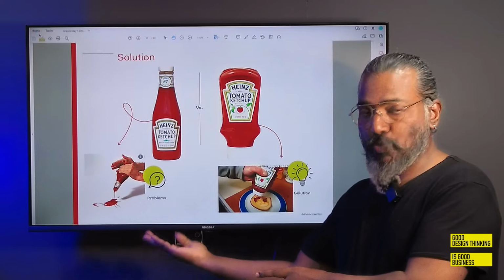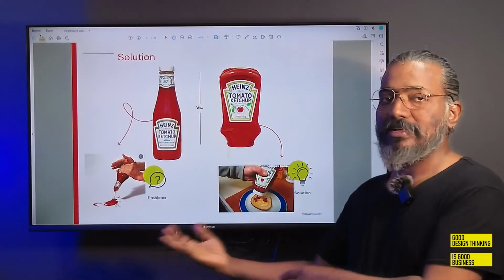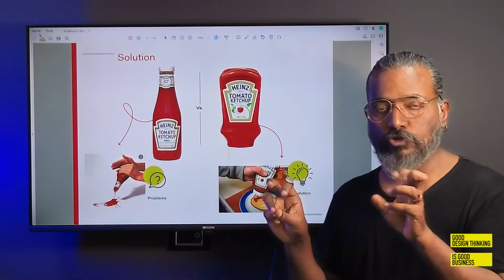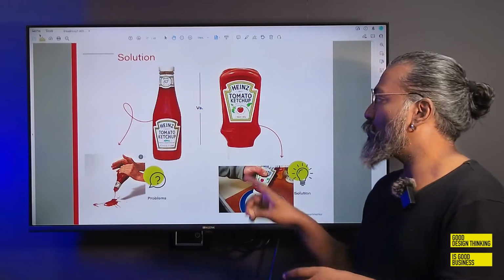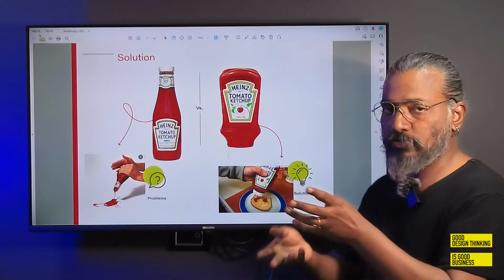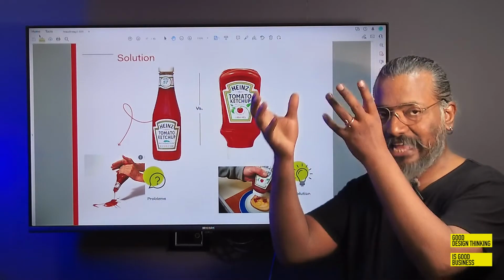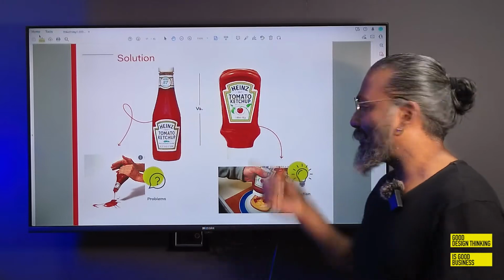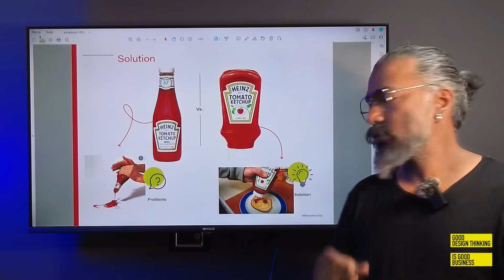There was a huge problem with the product design, and they understood the problem that consumers or people were facing. Then they used their thinking, like, you know that when you reverse the bottle, automatically the ketchup will come and sit at the bottom because of gravity. And the material is squeezy, flexible, you can squeeze it with your fingers.